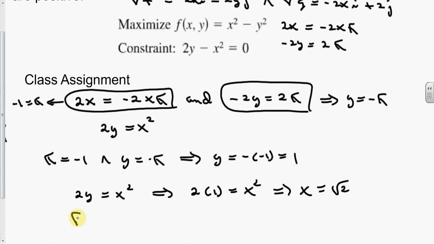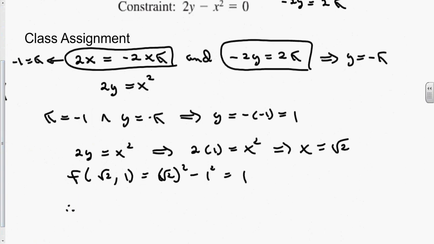So then the function f evaluated at the square root of 2 comma 1 is equal to the square root of 2 squared minus 1 squared, and I get 1. So I have a max at the square root of 2 comma 1 for y, and then 1 for the function value.